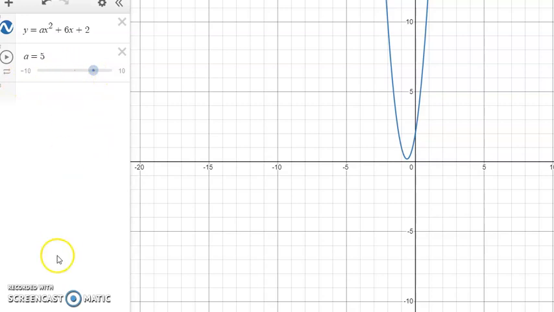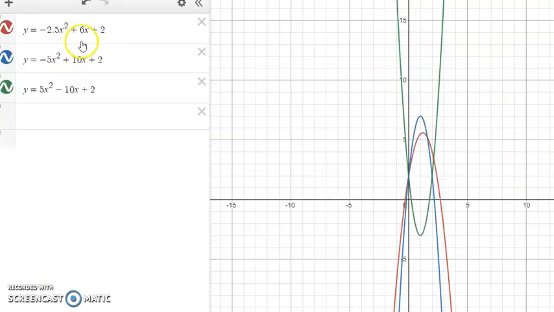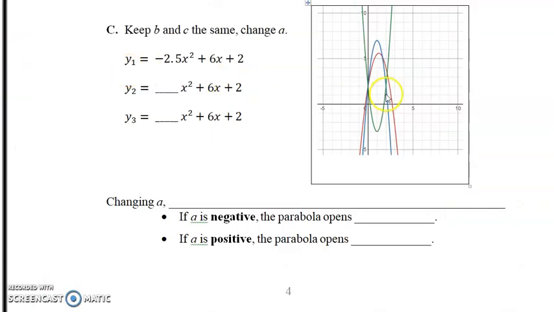So I'm going to graph 3 of these for you. Here are the 3 graphs, originally with the original negative 2.5x squared plus 6x plus 2. And then we made a negative 5, so it made it a little more narrow. And then we made a positive 5, which made it open upward instead and narrow as well. So it's pretty interesting. y1 was the original curve here, as we see.